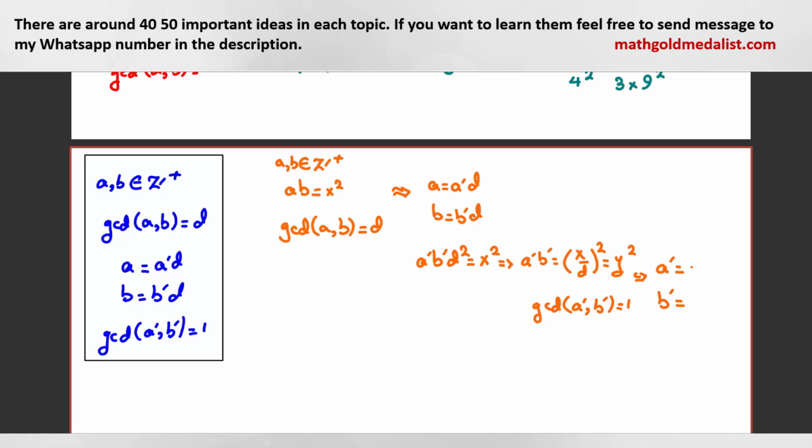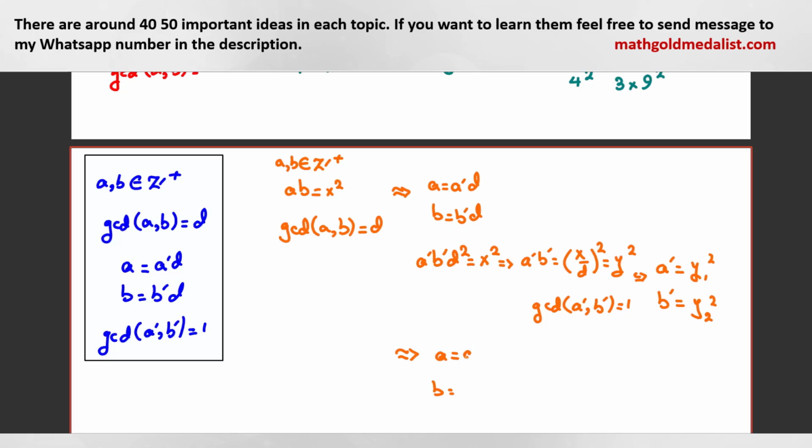Now it is the previous problem, so we can conclude a prime, b prime are what? A prime, b prime are both perfect squares. Exactly, y1 squared, y2 squared. So we can conclude a and b are what? A prime, b prime are y1 squared, y2 squared. A is a prime d, b is b prime d. So a is what?